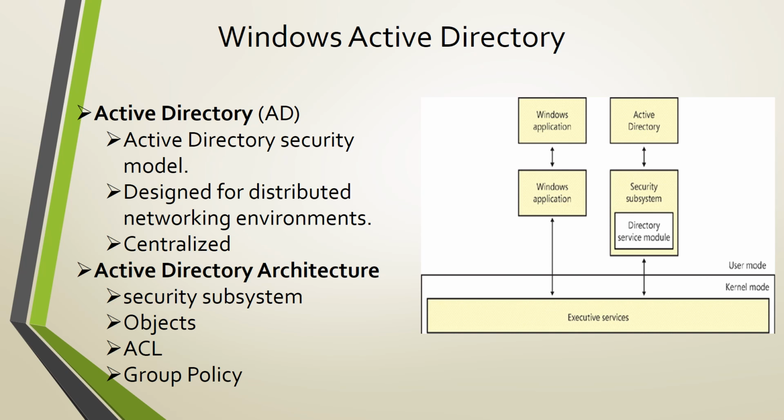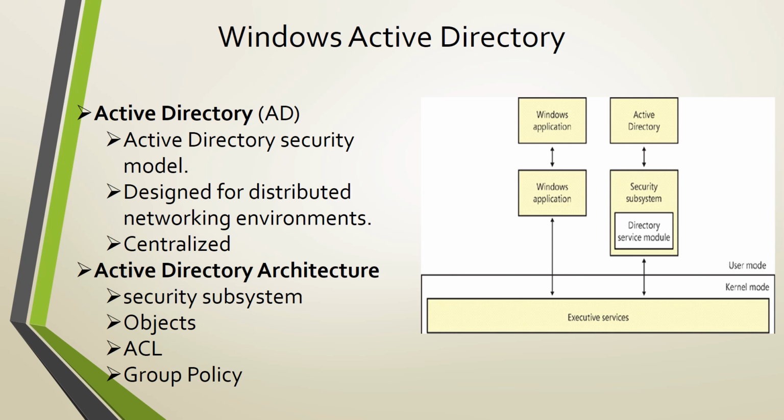Being part of the security subsystem makes Active Directory an integral part of the access control and authentication mechanism built into the Microsoft Windows servers. Access control and authentication protect the resources in the directory. Each resource in Active Directory is represented by an object.